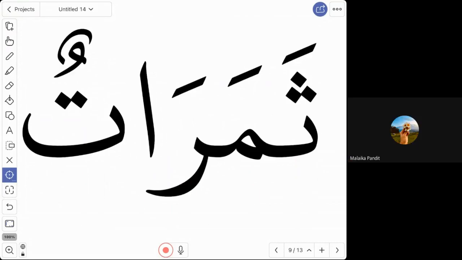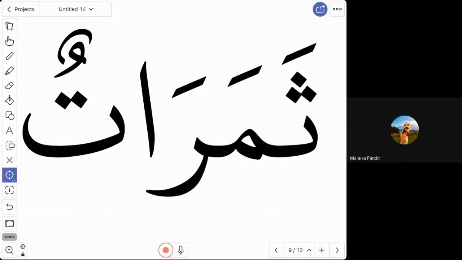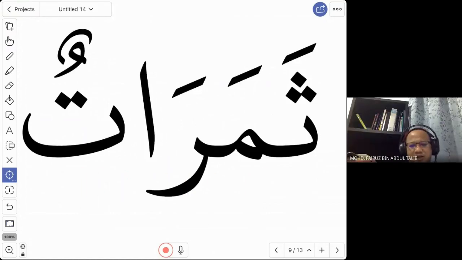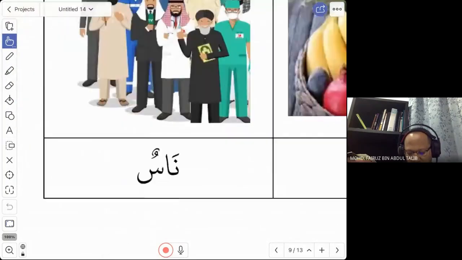Samarat. Yes, correct. Samarat. That is better. Or you can read with this symbol. So you say Samaratun. Correct. So this is the long vowel. Samaratun which means fruit. Okay, next word.